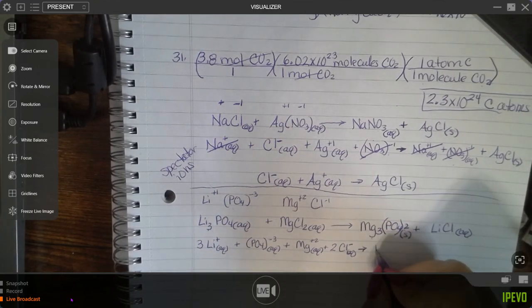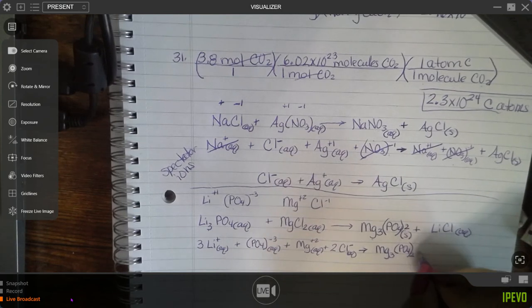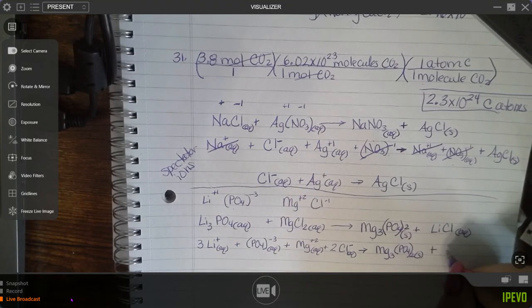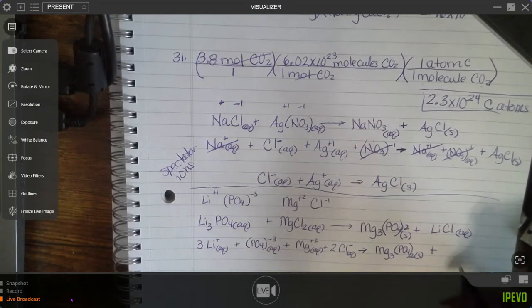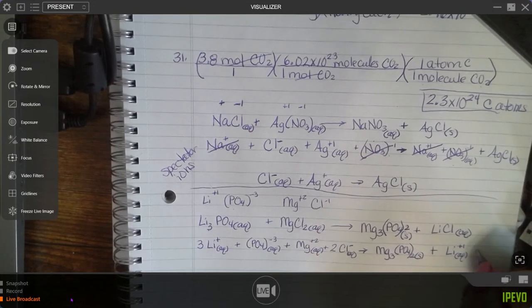So this is just going to stay Mg3PO4 2 solid. And then you know what we didn't do? We end up with lithium +1 aqueous plus chloride -1 aqueous.